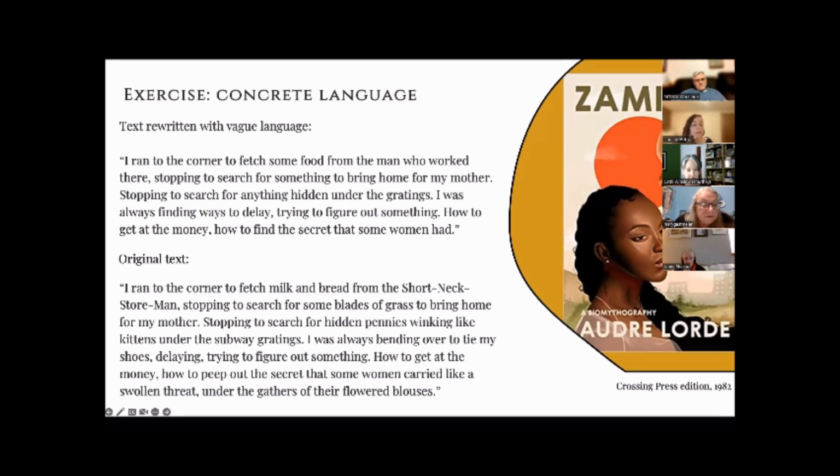How to get at the money, how to peep out the secret that some women carried like a swollen threat under the gathers of their flowered blouses. So obviously you can see how much more vivid that writing is with the inclusion of more specific details and more concrete language. It's like night and day.